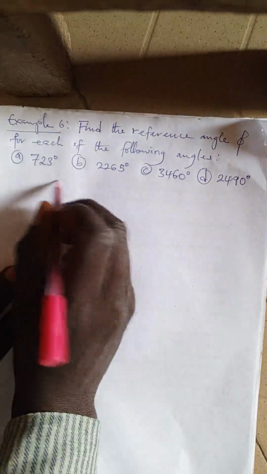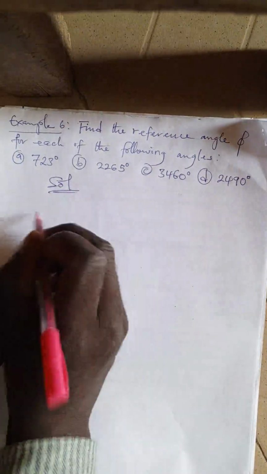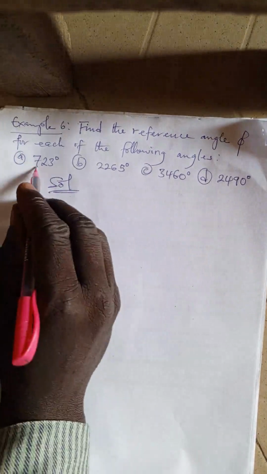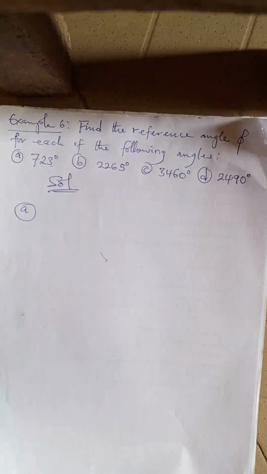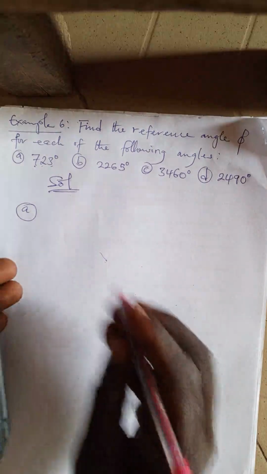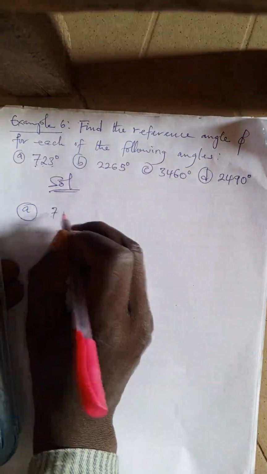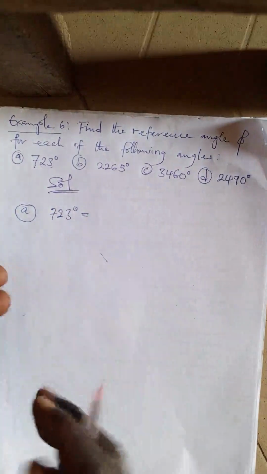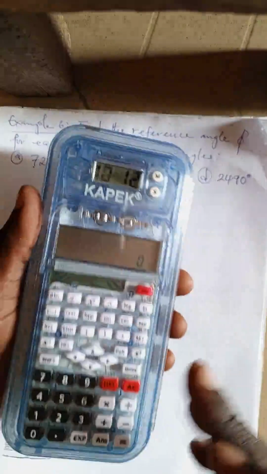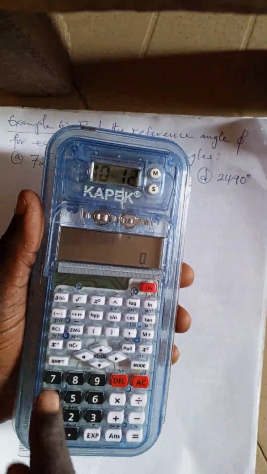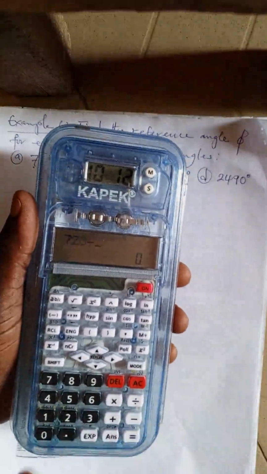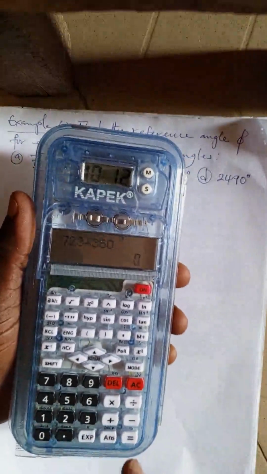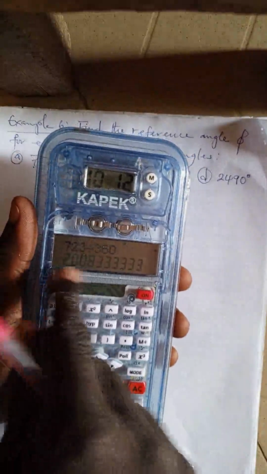Now, let's solve this. Question A, we have 723 degrees. Now, if theta is 723 degrees, you pick your own calculator and say 723 divided by 360 degrees, the answer is 2 point something.